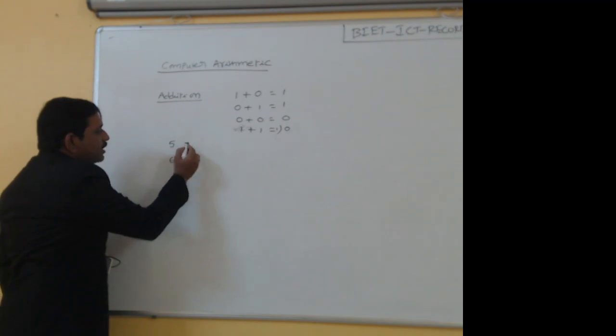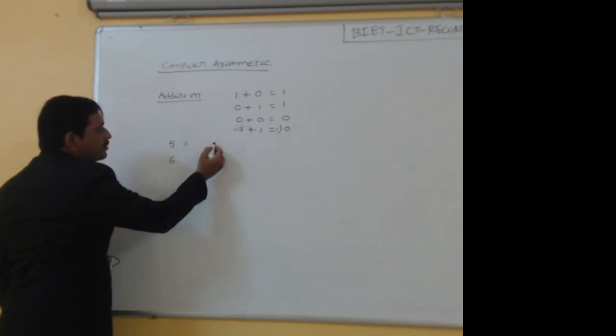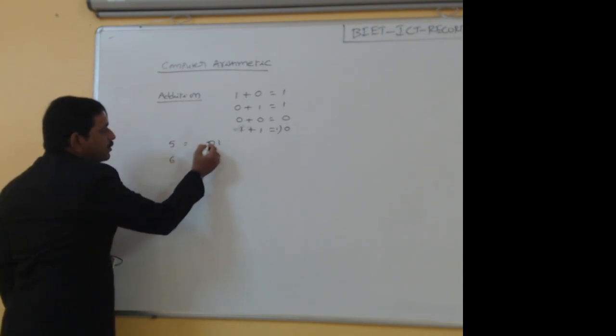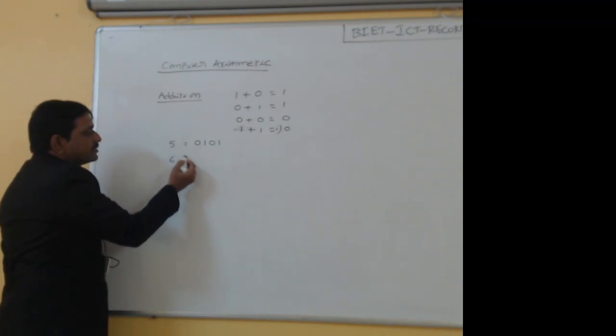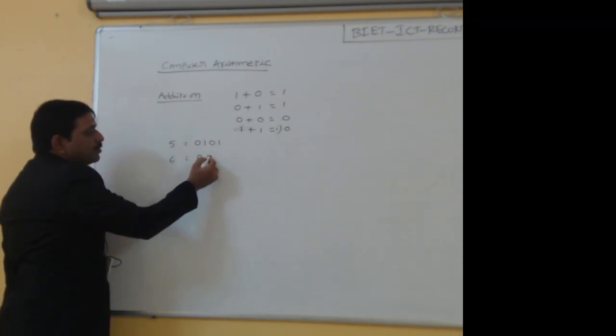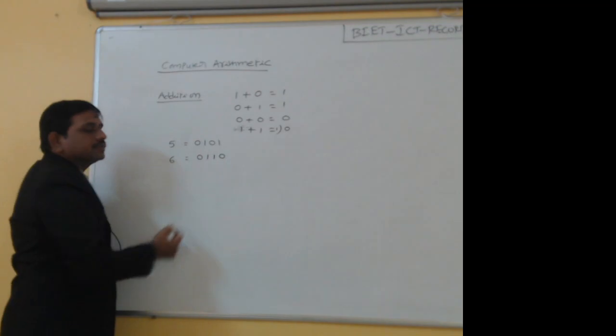What is the value of 5 in binary? With 4 bits we can take 0101 equals 5, and 6 equals 0110.